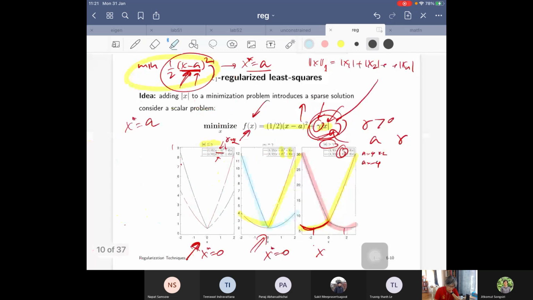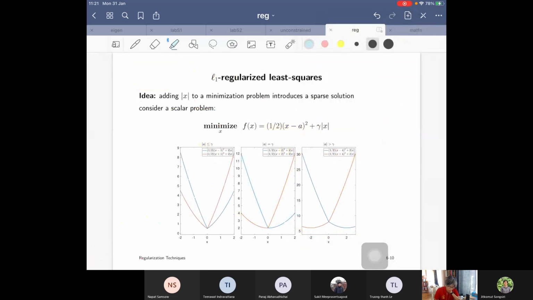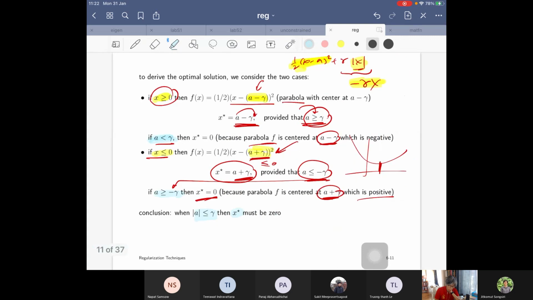This analysis is the same as the graph we observed here. When the absolute value of a is less than gamma, your optimal solution that minimizes this cost objective is 0.